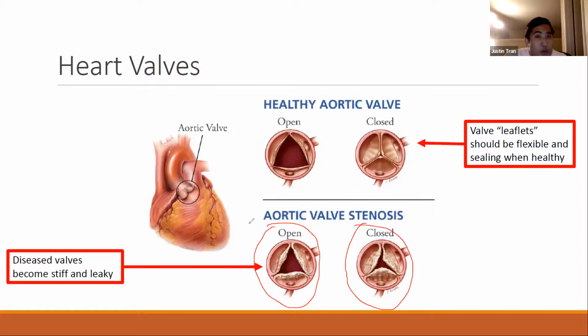It's probably having a hard time opening just because it's dysfunctional, right? And so when you hear the word disease, I think people think of something like COVID, where it's a bacterial infection, something biological. It's not something mechanical. But when you talk about valve disease, you can see it actually has a very mechanical, physical origin, right?